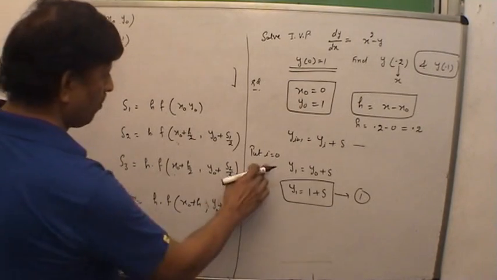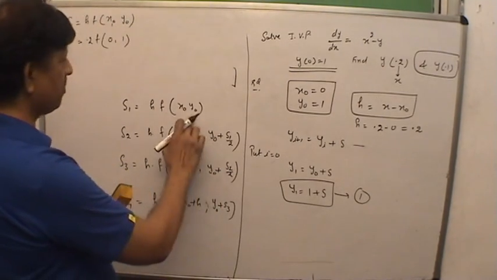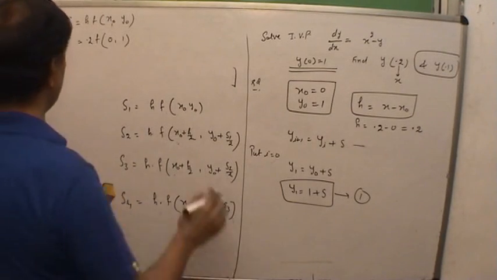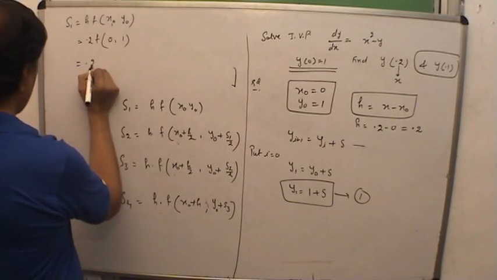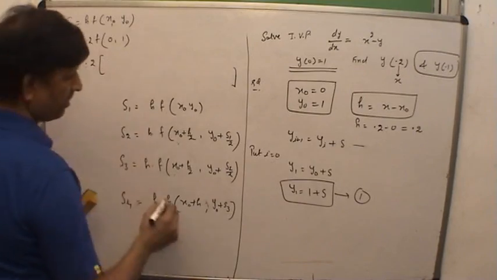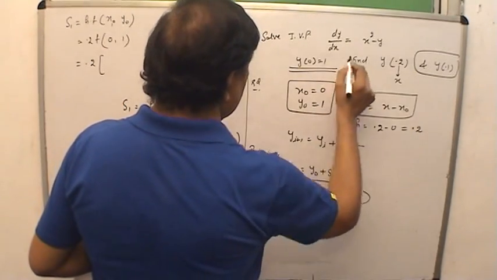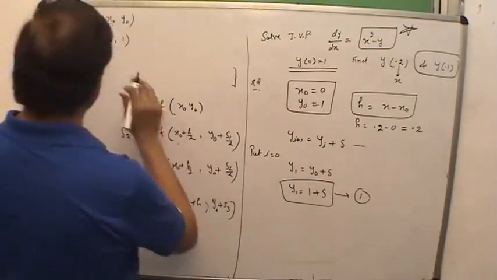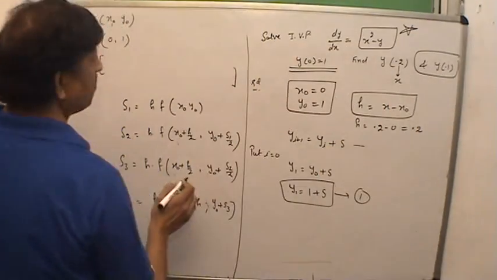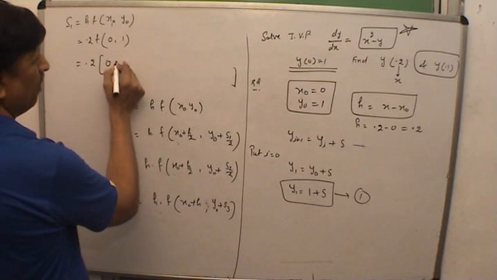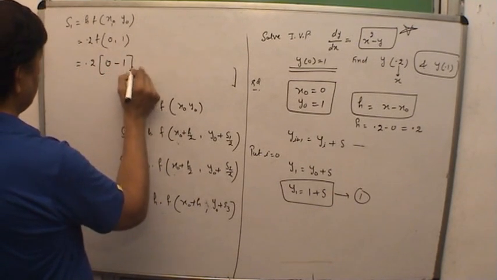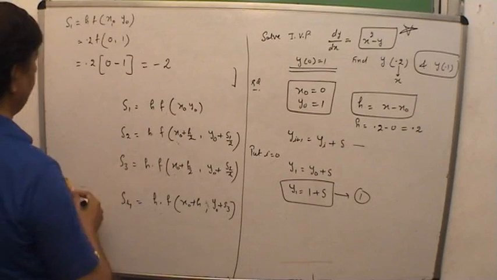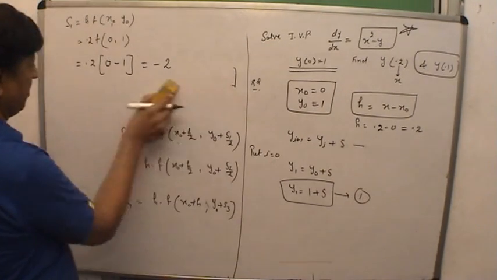So 0.2 times f of (0, 1). Where is the function? Here it is, the main function, x square minus y. We have to put these values in this function. Here x is equal to 0, y is 1, so 0 minus 1, 0.2 times minus 1, that is equal to minus 0.2. It is the value for s1.